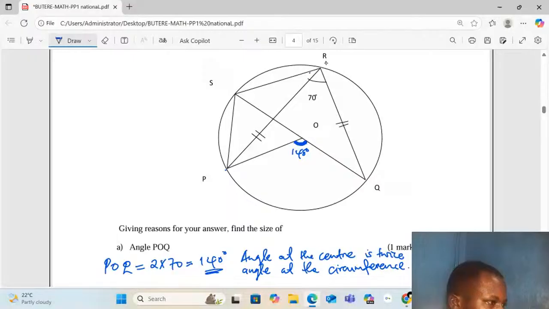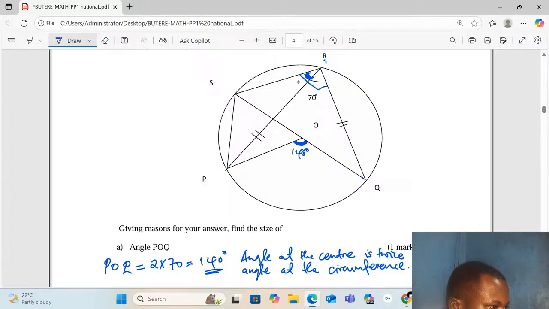Now the angle we're going to look at is angle PRS. You can see angle QRS is 90 degrees because it's passing through the center and touching the circumference. Therefore, the whole of this angle is 90 degrees, and we're having this as 70.